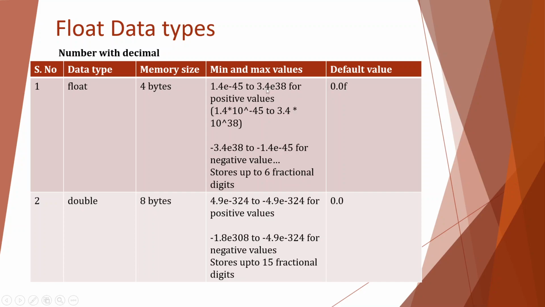Similarly, 3.4e38 means 3.4 multiplied by 10 to the power of 38. That is the maximum value for positive values. That's about the float data type.